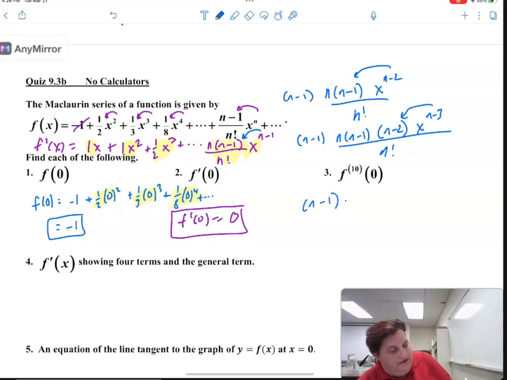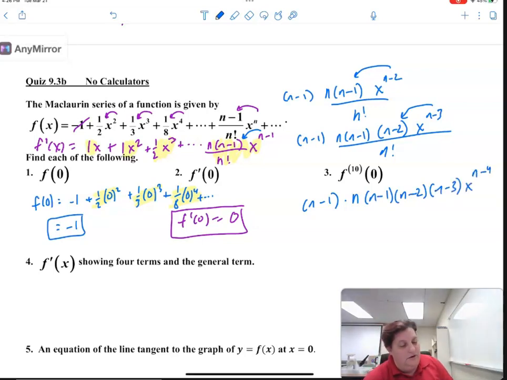It's n minus 1, and then I have n minus 1, n minus 2. I bring down the n minus 3, and then it's x to the n minus 4 over n factorial. Is this not just kind of creating n factorial right there? I mean, almost. It's not going all the way down to 0 yet, but it's getting there, right?